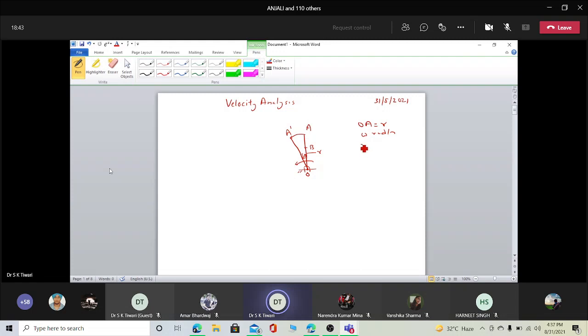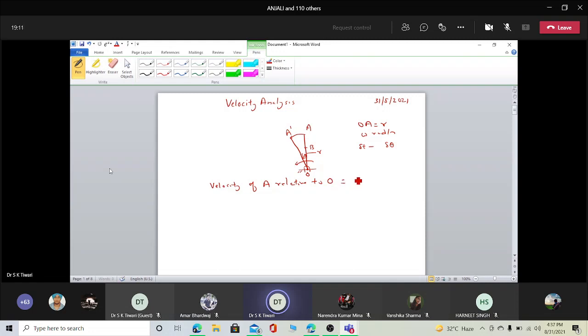In a very small time delta t, the link OA turns about the center of rotation O through a very small angle delta theta. Therefore, if I'm interested in finding out the velocity of A relative to the point O, what is velocity?